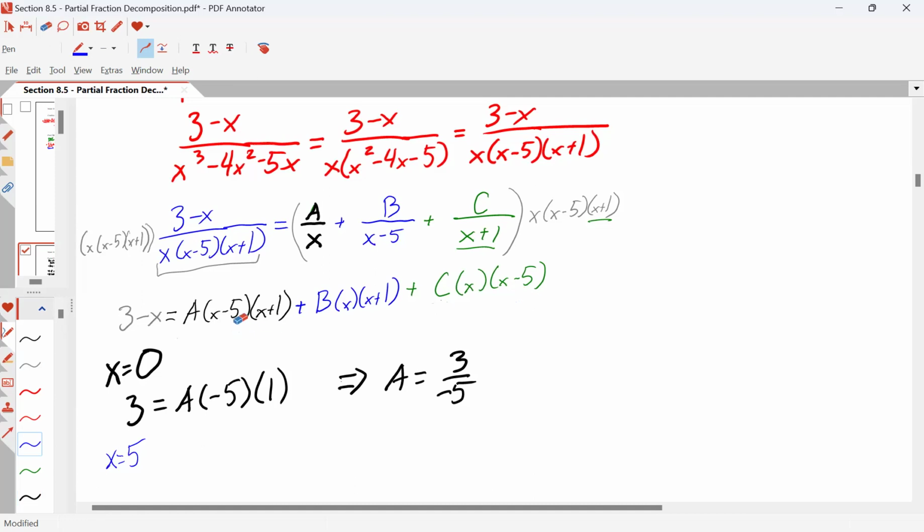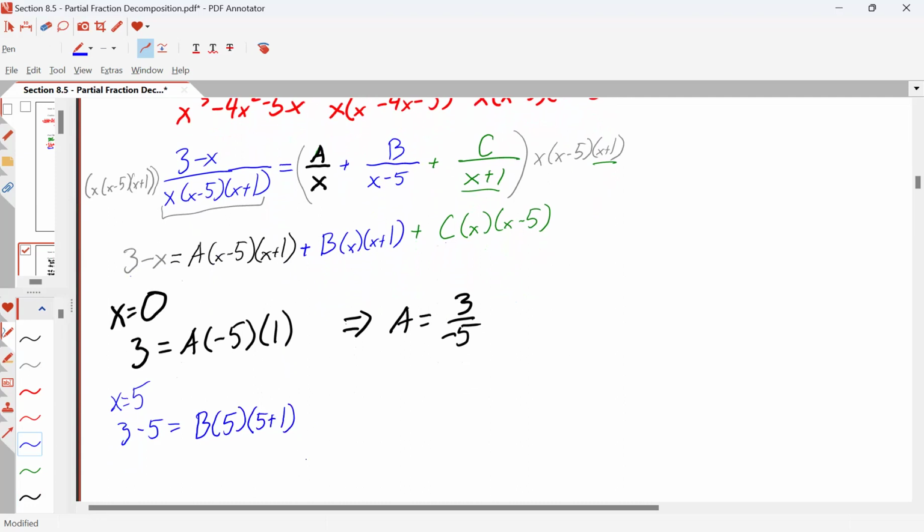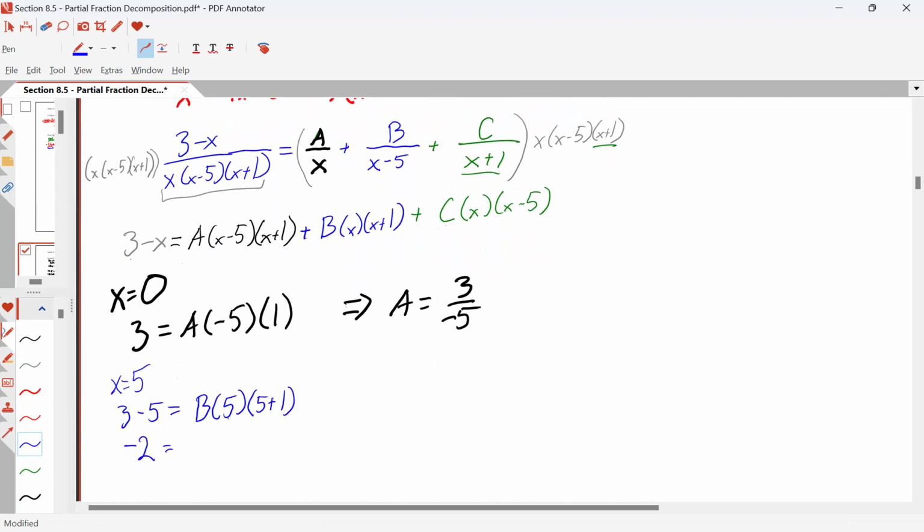So since the A times things is 0, and C times things is 0, we can plug in 5, and 3 minus 5 will equal B times 5 plus 1. Or negative 2 is equal to B times 5 times 6.